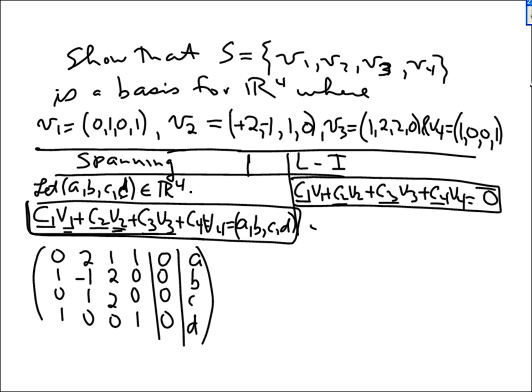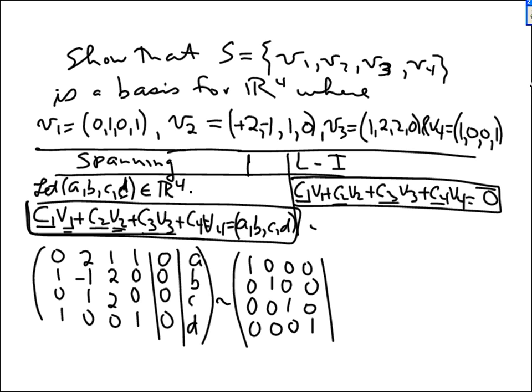When you reduce this, and make sure you can do this, what you get is the 4x4 identity matrix augmented with, well, those zeros will never ever change, 0, 0, 0, 0, augmented with a mess.